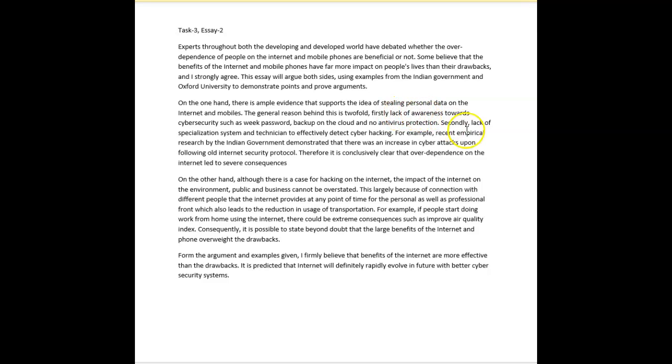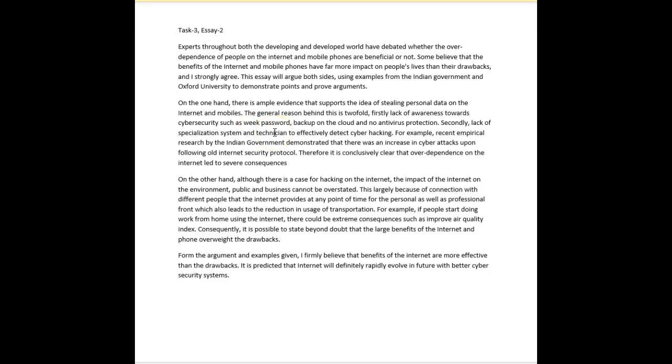Because you just wrote lack here. So, secondly, specialization systems and technicians to effectively detect cyber hacking are often absent from, I don't know, society, or often lacking from people's, I don't know, something. But let me think, what else? Secondly, I don't even know what you mean here by specialization, to be honest with you. All right, let's move on.